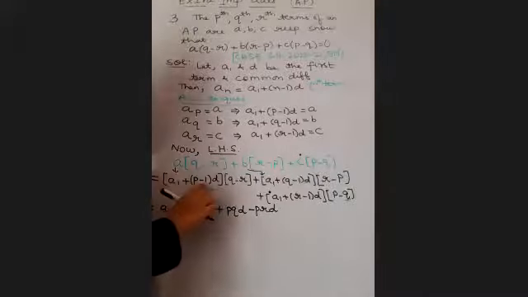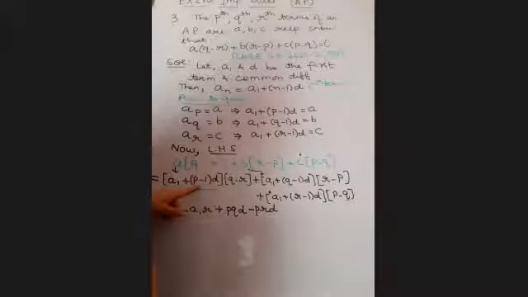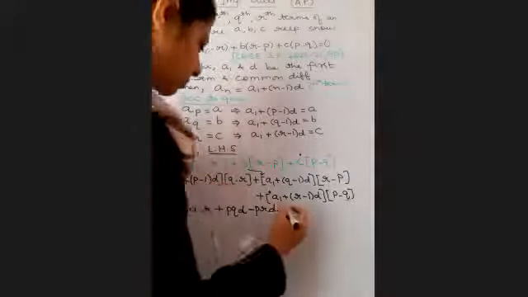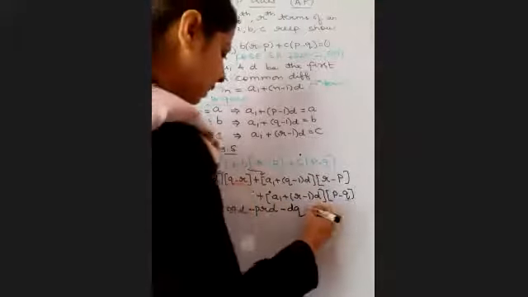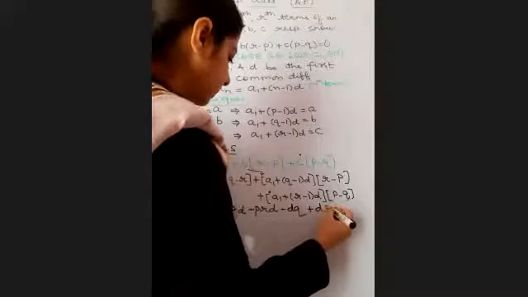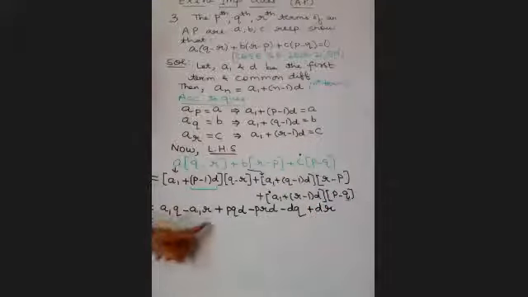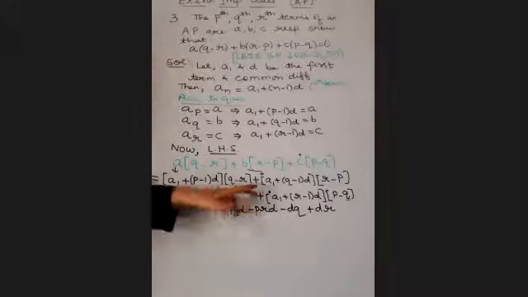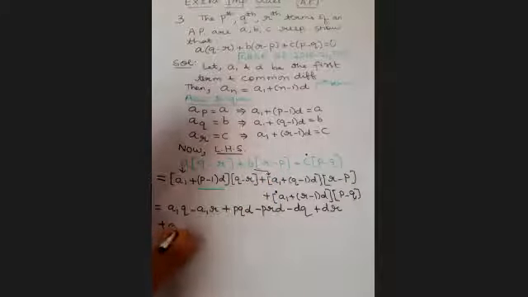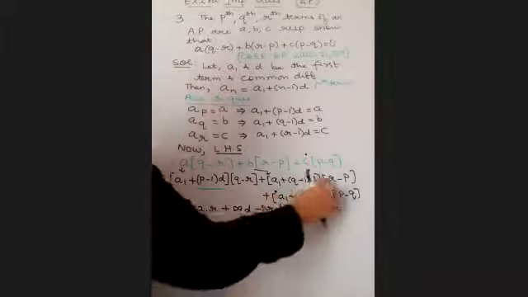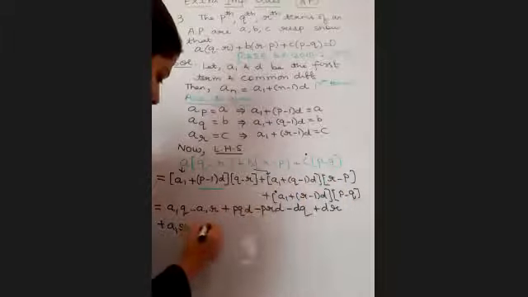Then minus 1 into d is minus d. Multiply minus d by q, so it will be minus dq, and minus d into minus r is plus dr. So this is my first term done. Next is a1 into r. So plus a1r. a1r minus a1p.